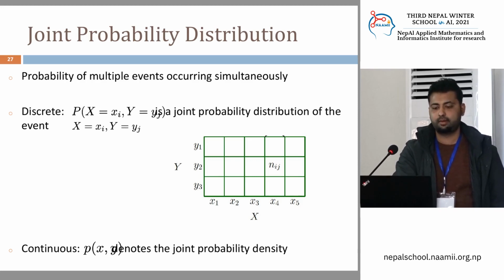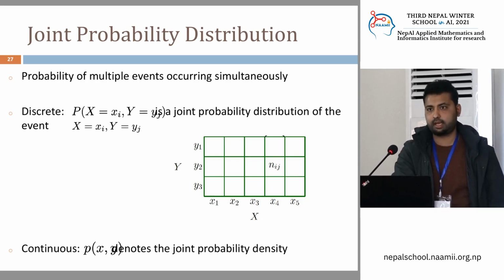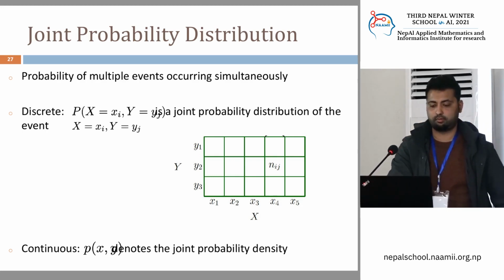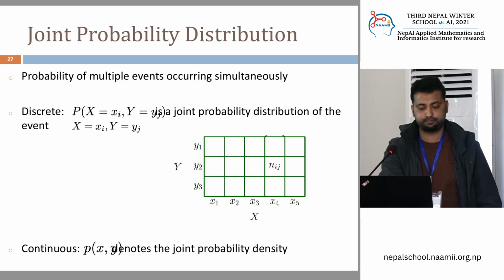Imagine x and y are both discrete. x can take any value among x1, x2, x3, x4, x5, and y can take y1, y2, y3. So you ask, what is the probability that when y equals y2, x equals x4? That is equal to this number, whatever is here, and that would be the probability.